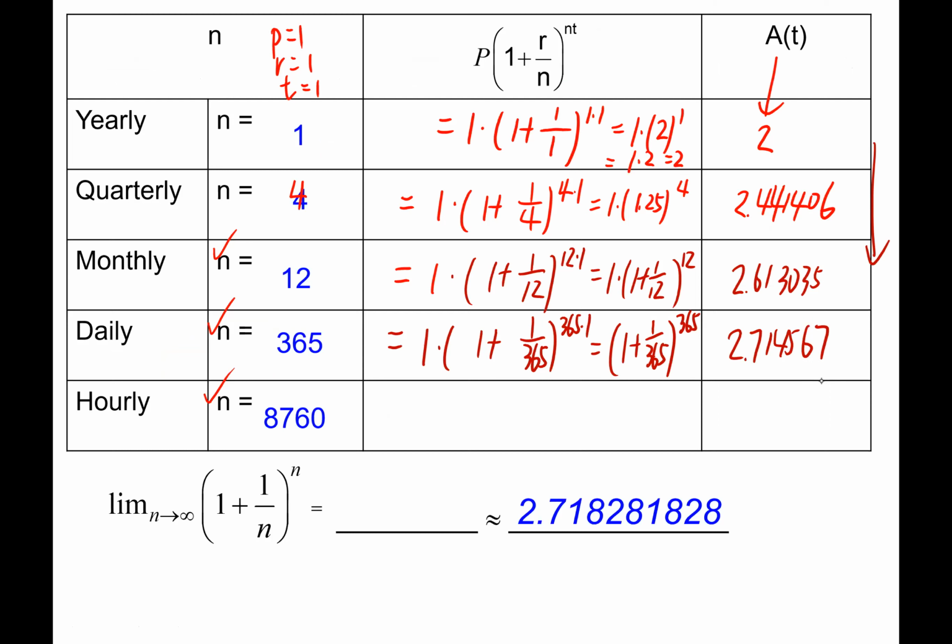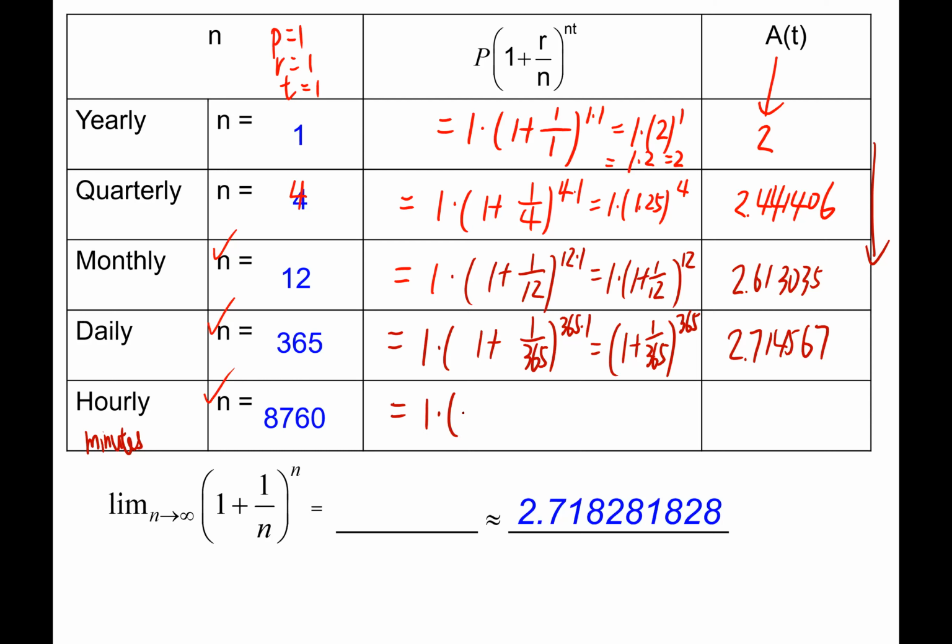Now we're going to move on, right? To the hourly, and if you want minutes, how many minutes are in a given year? You can just multiply the hours, 8760, by 60 minutes to get total minutes. For seconds, multiply by another 60.